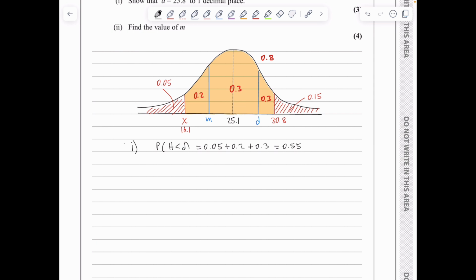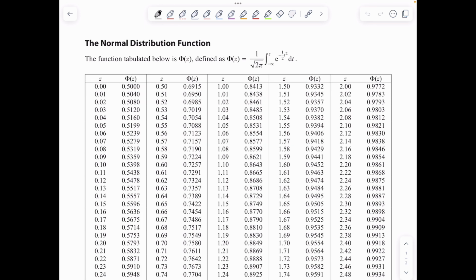I will proceed by standardizing, so it's the probability of Z less than (D minus 25.1) over 5.5, and this is equal to 0.55. So going to the table of values for the normal distribution, I'll be looking to the probabilities, trying to find the value which is closest to 0.55.